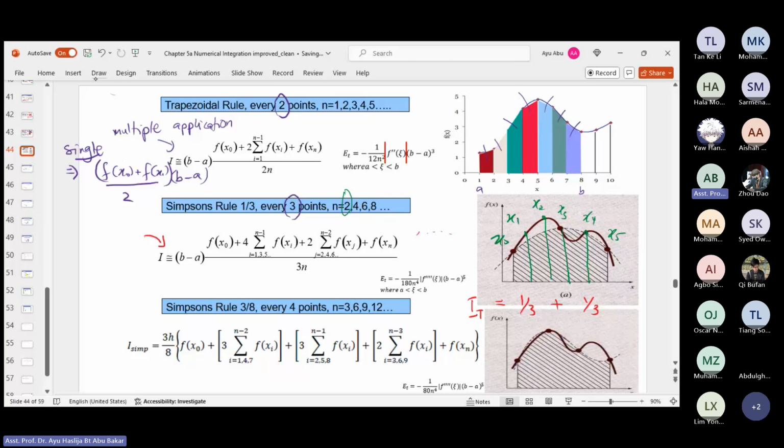So let's say you want to use 1/3. We know that 1/3 must involve 3 points. So this one can use 1/3. This 3 points can use 1/3. But this one is not enough to use the 1/3. So not enough points to use 1/3.